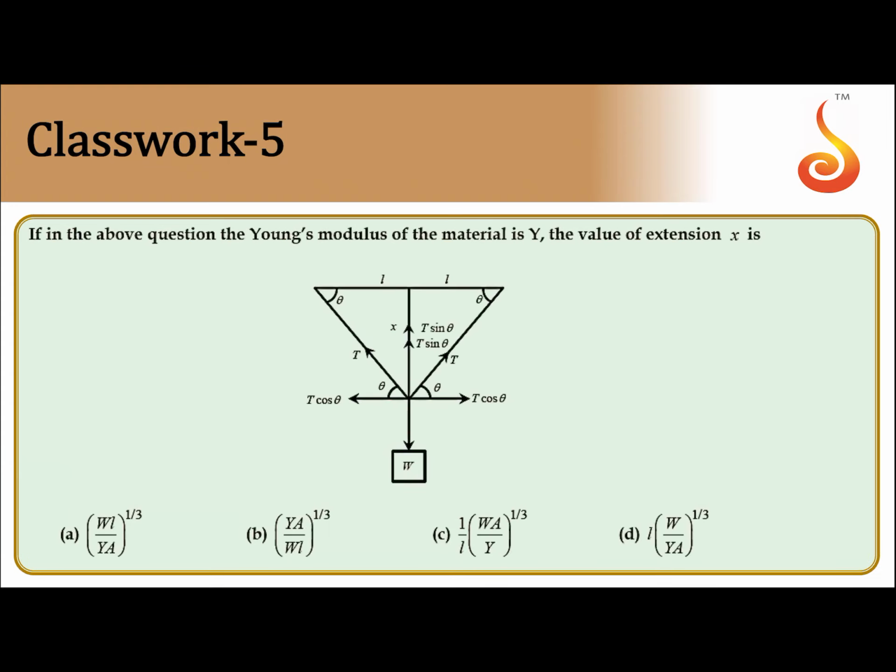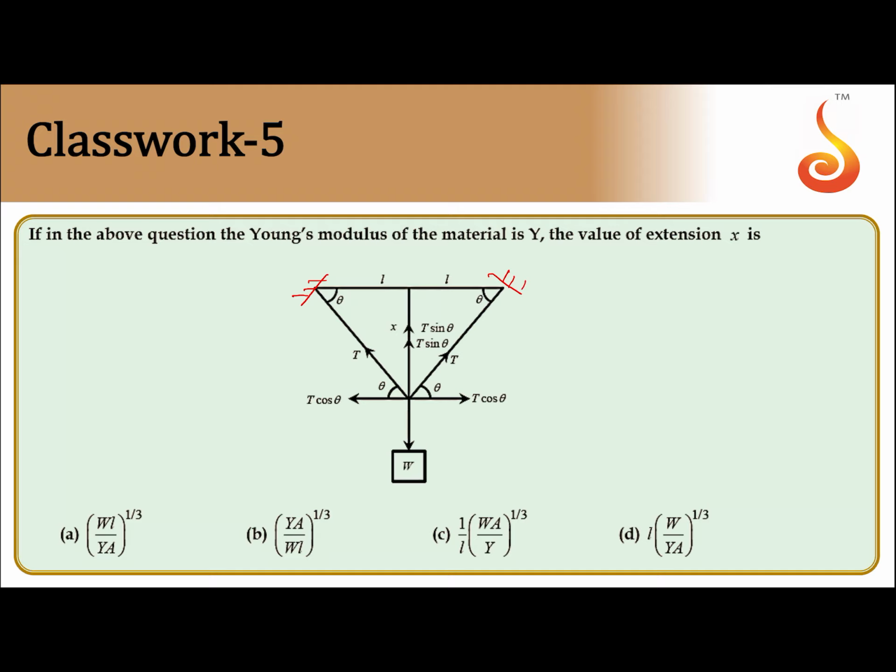Example 5. If in the above question the Young's modulus of the material is Y, then the value of extension x is? So in this problem, it is suspended like this.